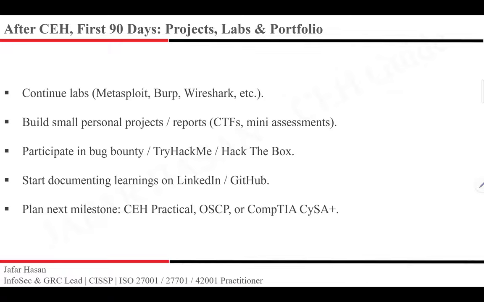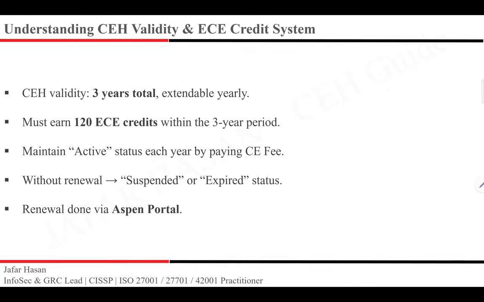Okay, now let's understand the maintenance part clearly. Your CEH certificate is valid for 3 years from the date it is issued. During these 3 years, you must earn 120 ECE credits, which is about 40 credits per year.